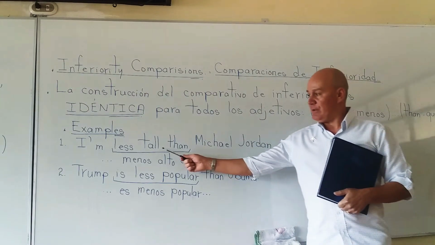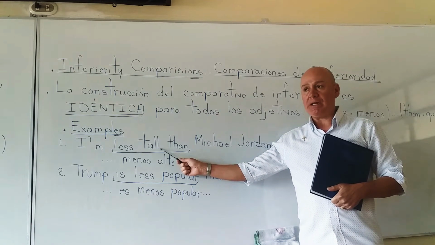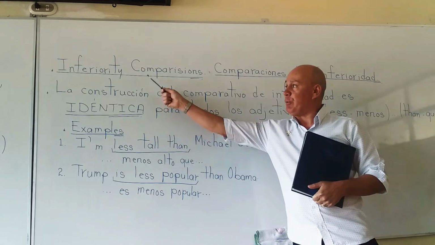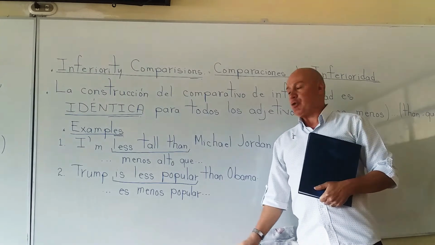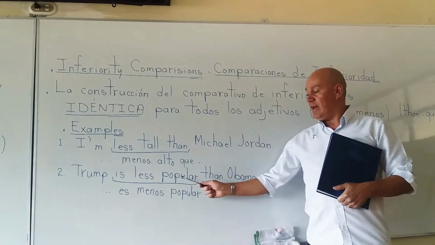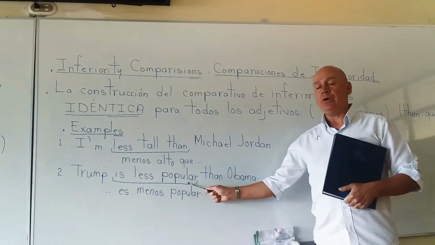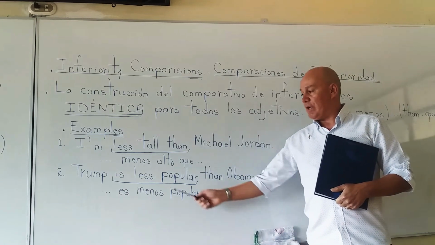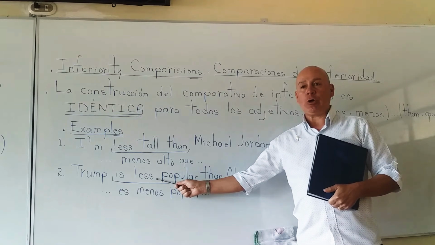Can you see here? Tall is a monosyllable, but no problem because less is doing what? The inferiority comparison. Trump is less popular than Obama. In this case, popular has 1, 2, 3 syllables, but no matter either, because here is less, and it's representing the inferiority comparison.